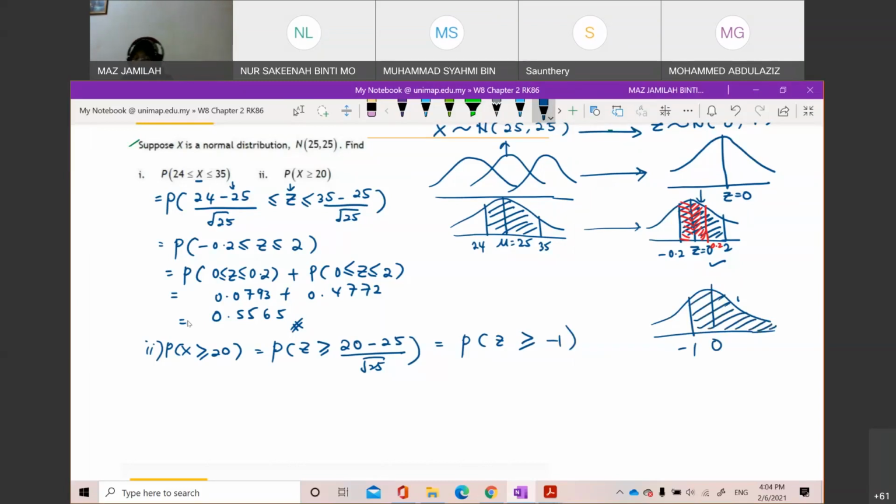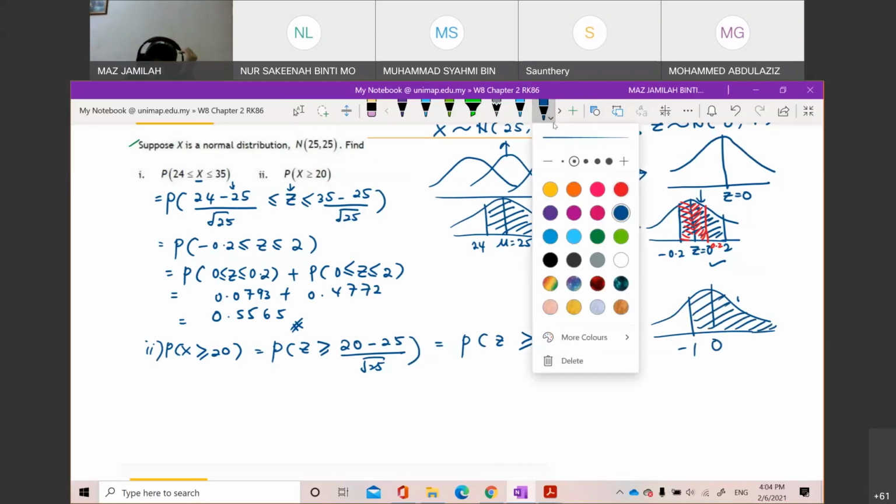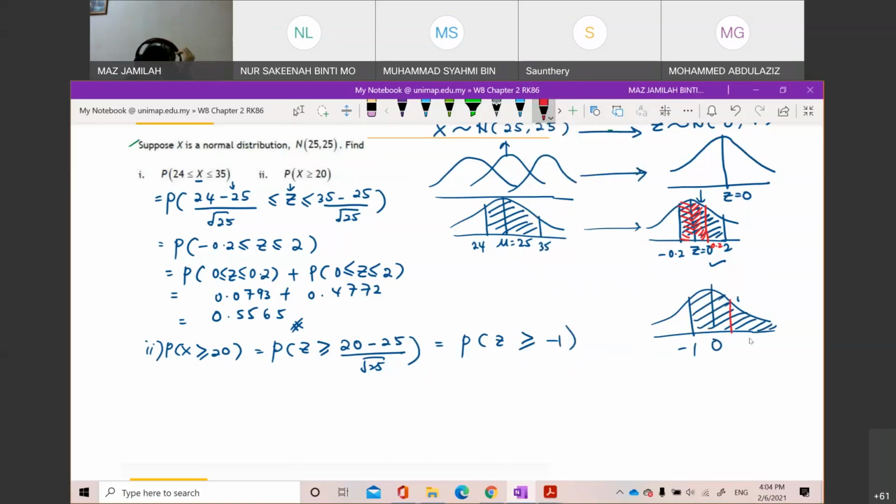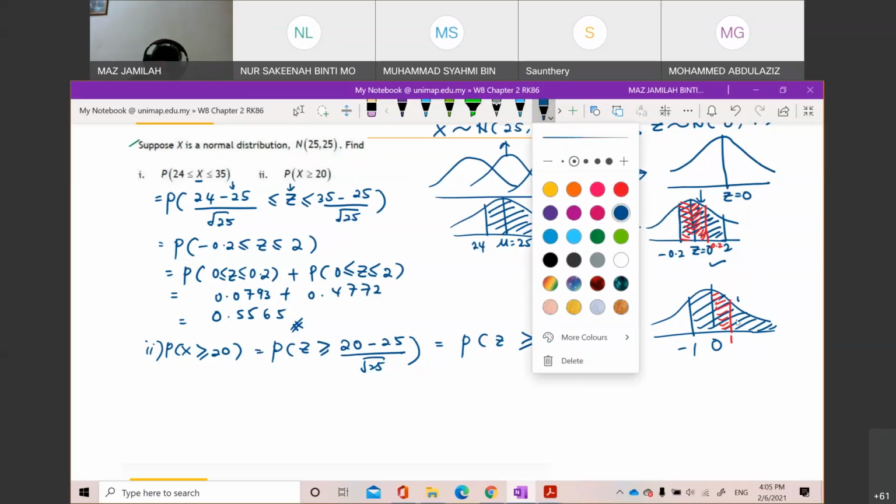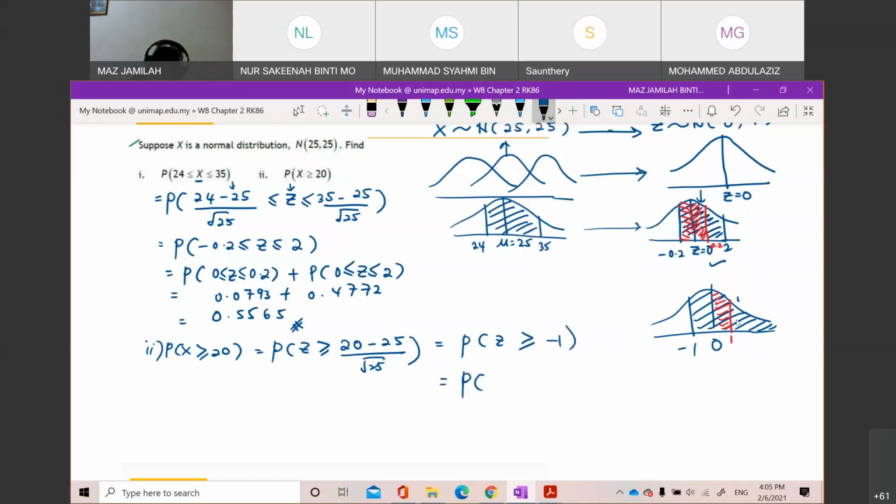We know that we have two areas. By using the first table, you can use the concept of 0 until 1 and 0 until the half of the area. In this case, this becomes P(Z greater than or equal to 0), the whole half of the area, that is 0.5, plus P(Z from 0 until 1).